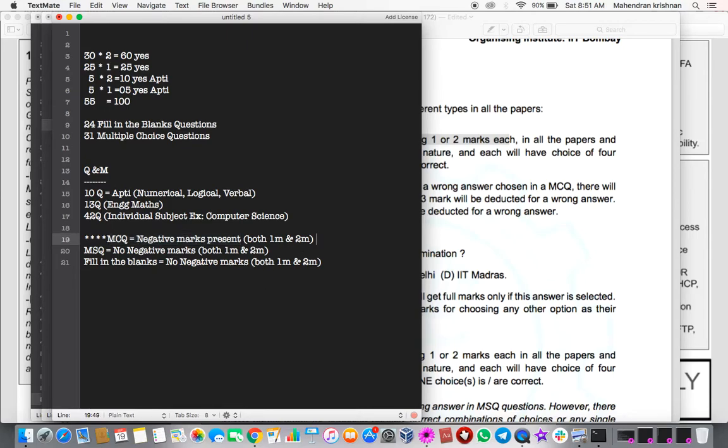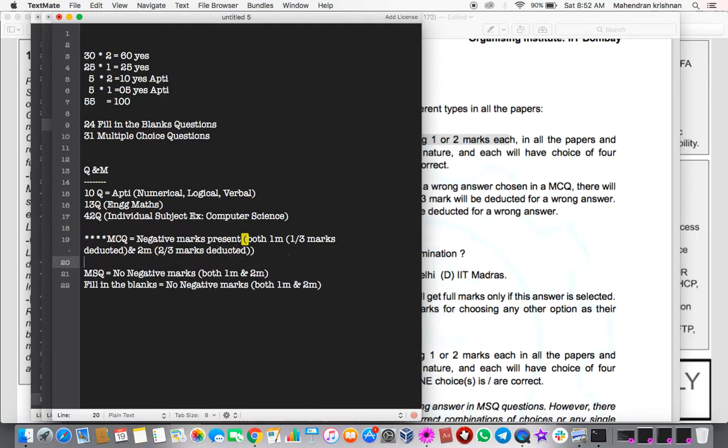One third for a 1-mark question: 1 by 3 marks will be deducted. For a 2-mark question, 2 by 3 marks, that is 0.66.